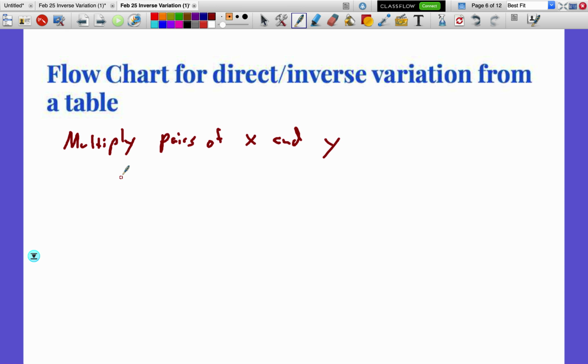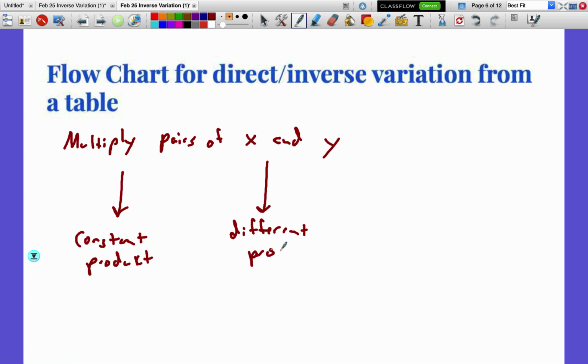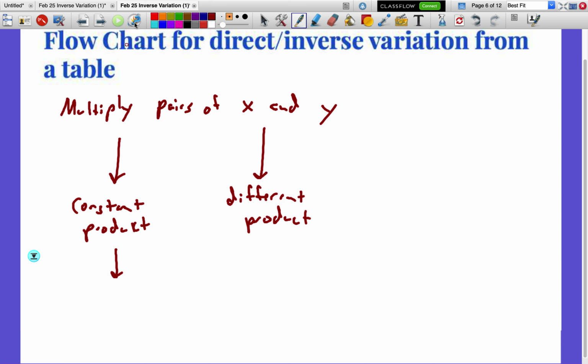And when you do this, you'll either get a constant product each time, or you'll get a different product each time. If you get a constant product each time, then we can say constant product is inverse variation.